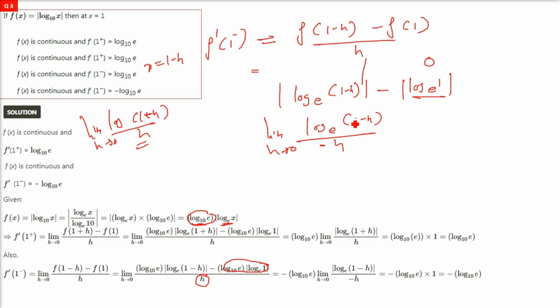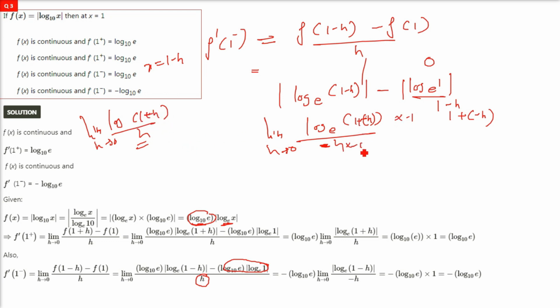Since you have introduced a minus, there will be a negative in the numerator also. So I write it as 1 plus minus h, and the denominator also has minus h. The negative will always be there because you have introduced it yourself.